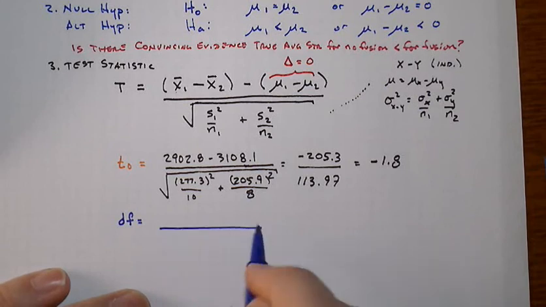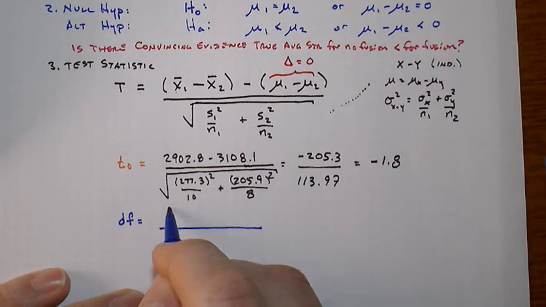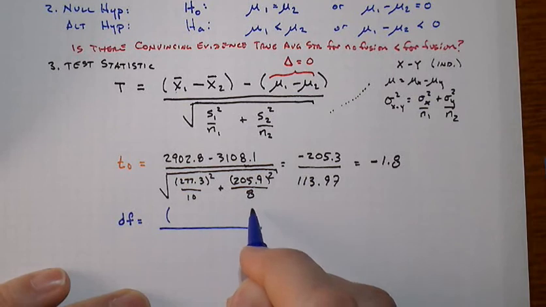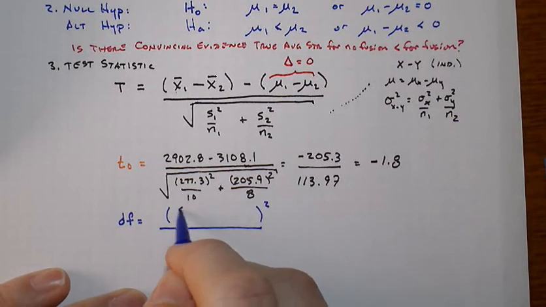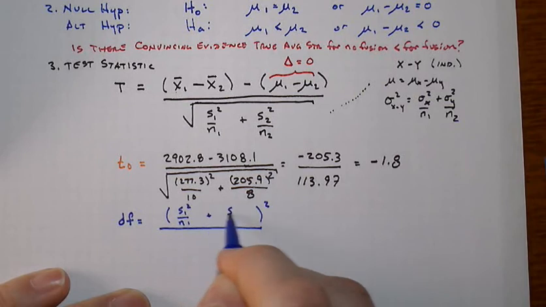We're going to get something similar to what we had before, with a sum of the squares kind of approach. It's going to be the first variance, S1 squared over N1 plus S2 squared over N2, and that whole quantity is squared.